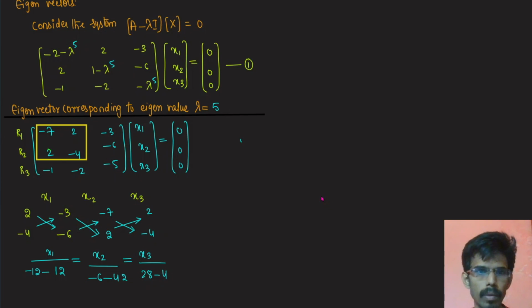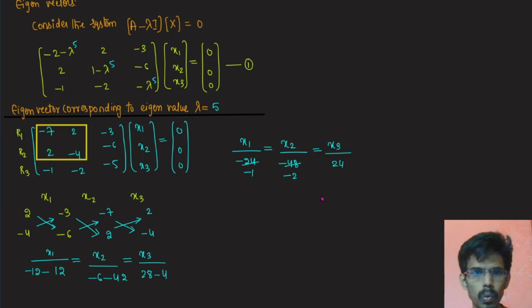Now this will become x1 upon minus 24 is equal to x2 upon minus 48 is equal to x3 upon 24. Now cancel this with 24: 24 ones are, 24 twos are, 24 ones are. So we have x1 by minus 1, x2 by minus 2, x3 by 1.